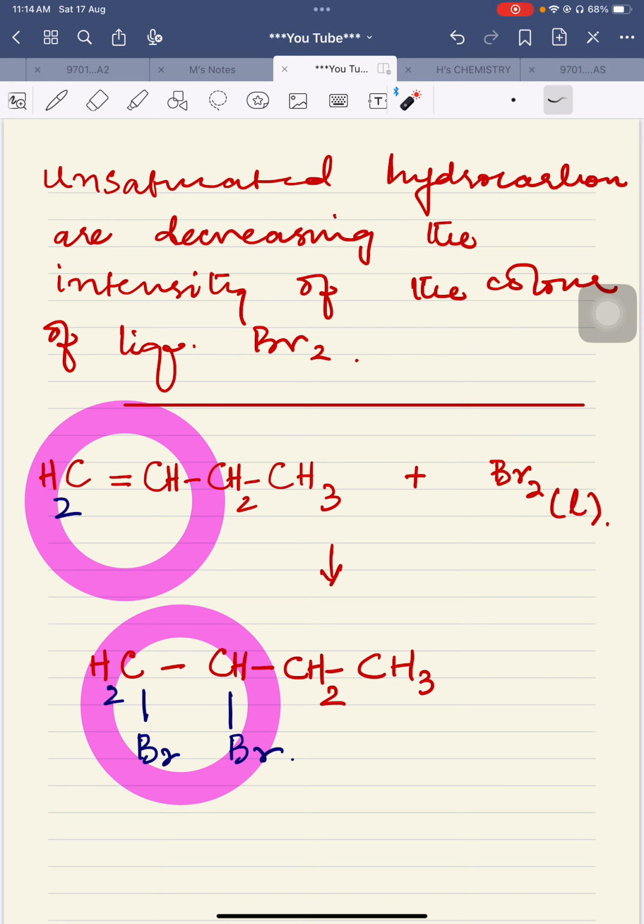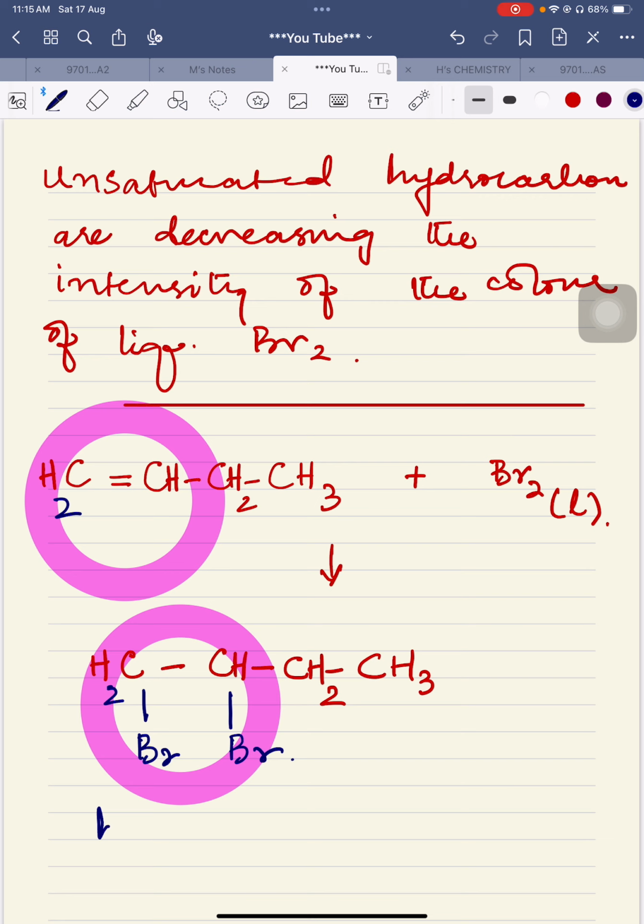Okay, don't forget this thing, that what is the category of this compound? The product which is being produced is called as halogenoalkane or haloalkane. What is a haloalkane or a halogenoalkane? It is an alkane having attachment or having halogens as a part of it as well.